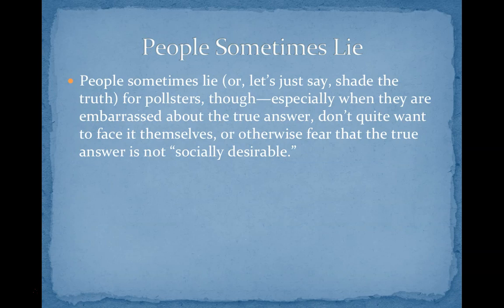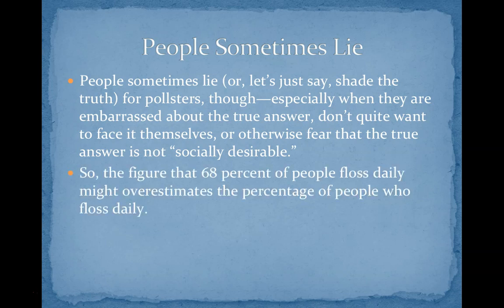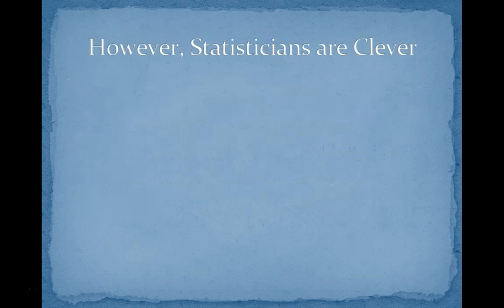People sometimes lie, or let's just say shade the truth for pollsters though, especially when they're embarrassed about the true answer, or they don't quite want to face it themselves or otherwise fear that the true answer is not socially desirable. So, the figure that 68% of people floss daily might overestimate the percentage of people who floss daily.